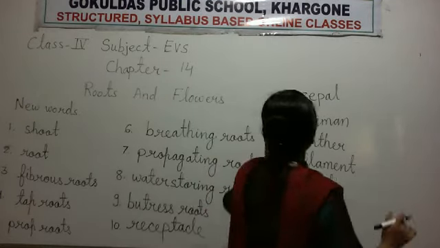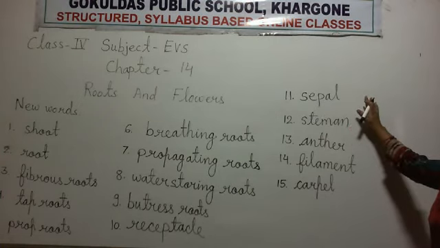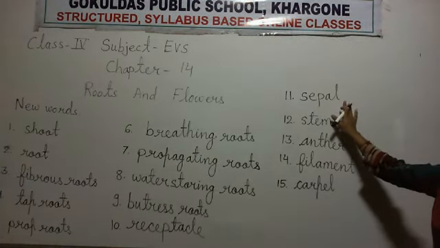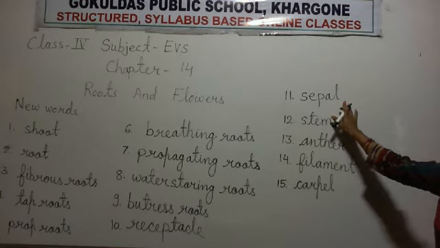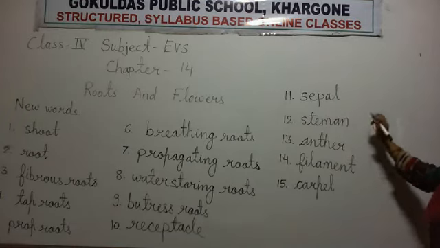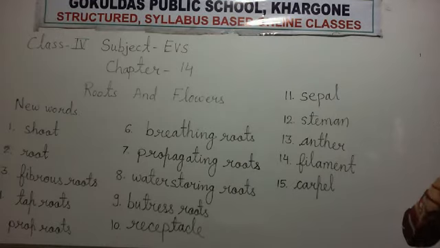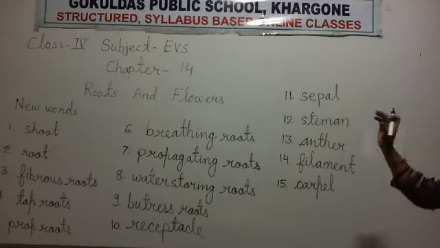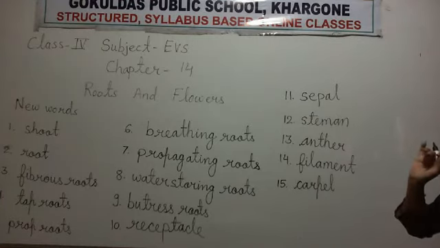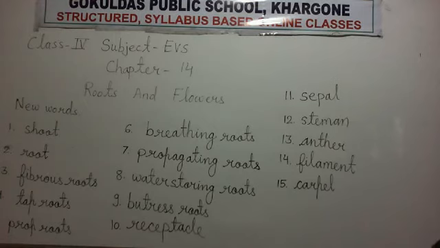Now once again repeat it. 11 number, sepal. What is the sepal? Sepal is the part that covers the bud. When we see a flower in the form of a bud, that part covers all the parts. The sepal covers the petals and all the internal parts of the flower, and it protects the bud.